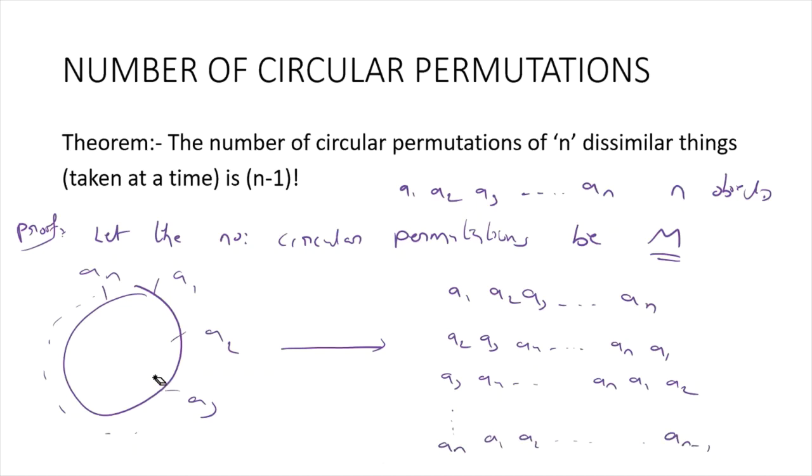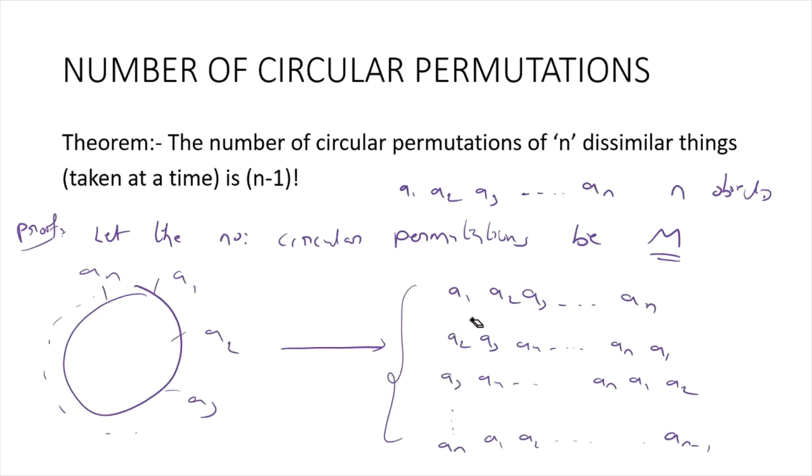So if I read this circular permutation starting from A1, I will get the first one. If I read it starting from A2, I will get the second one. If I read it from A3, then I will get the third. If I read it from AN, I will get the last one. So one circular permutation gives rise to n linear permutations.